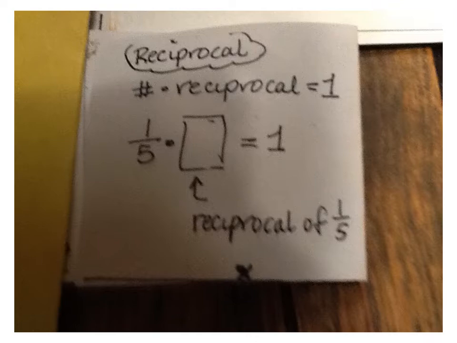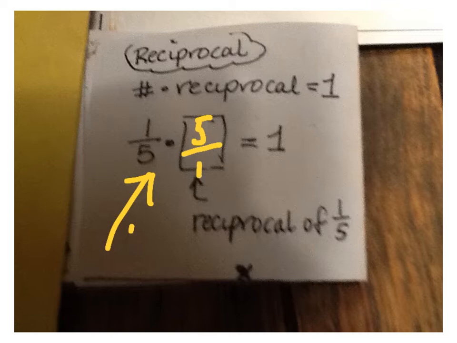When we divide, basically dividing fractions requires you to know the reciprocal. And the reciprocal is just a number that, when you multiply it with the original number, equals 1. So 1/5 is the number we're looking for, and the reciprocal of 1/5 is 5/1.